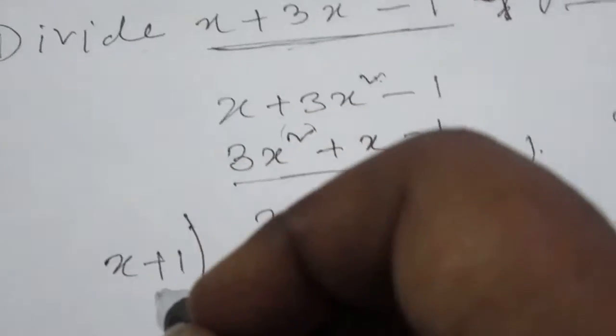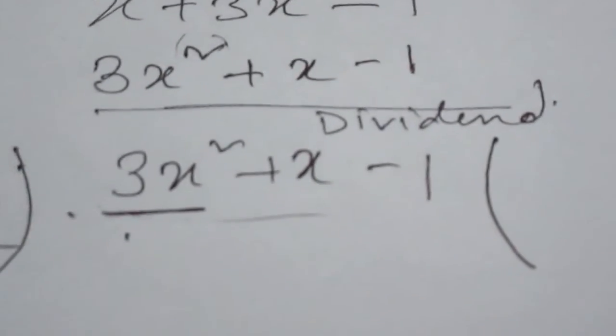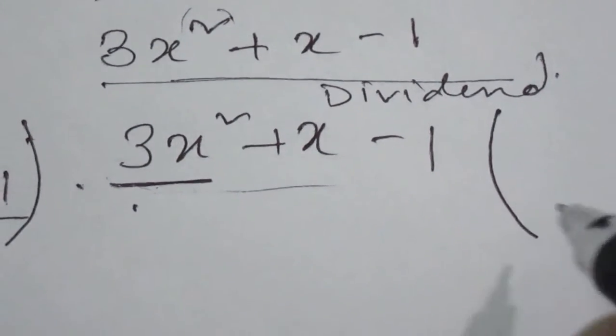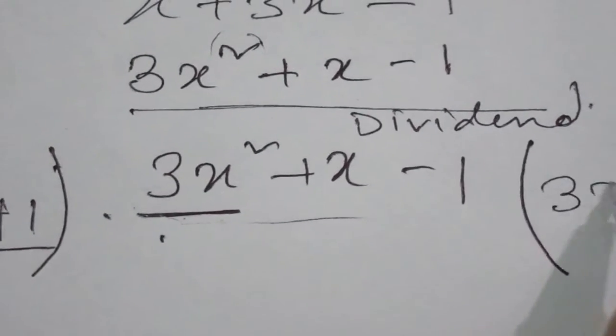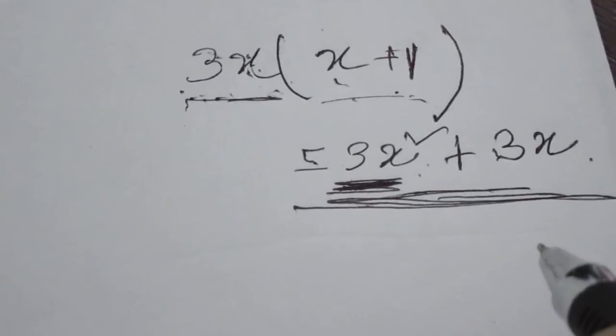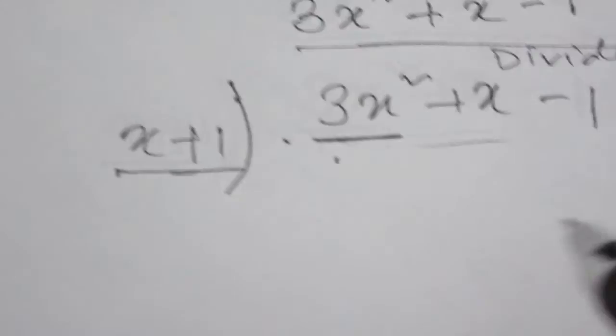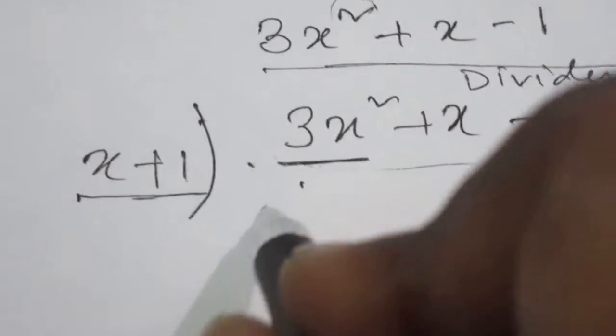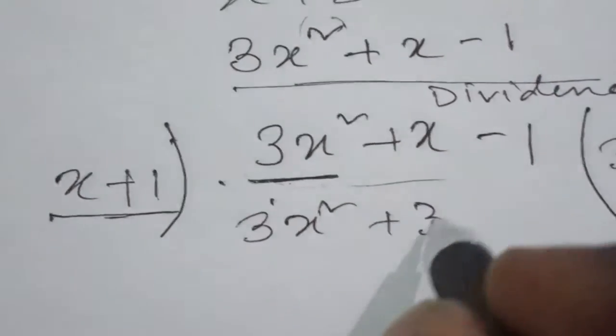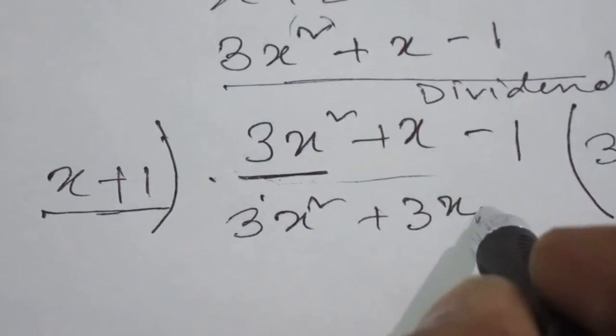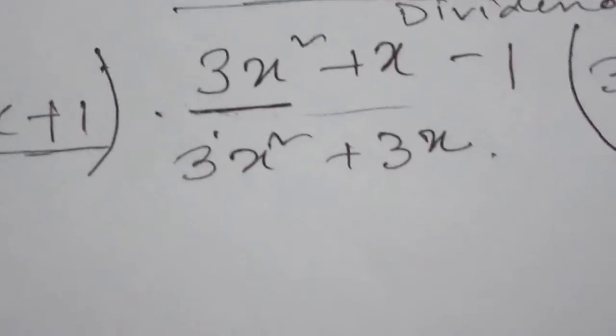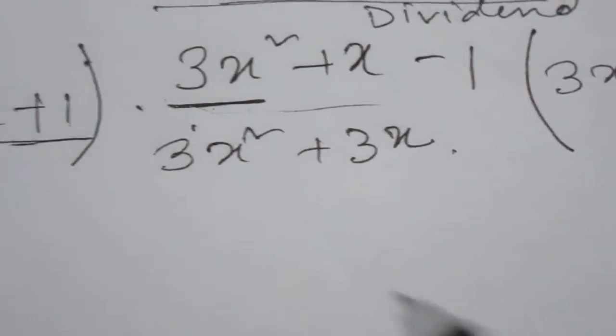If x plus 1 is multiplied with thrice x, we will get thrice x square plus thrice x. Okay, it is like our simple division only.